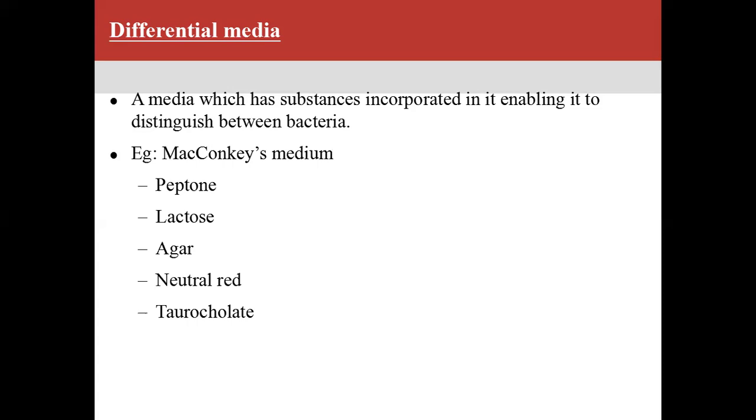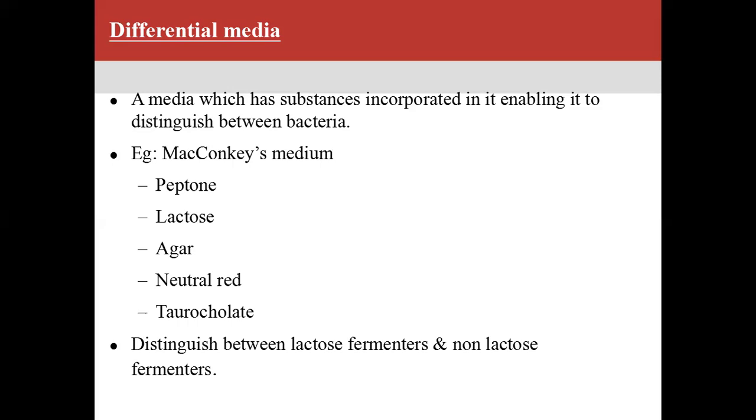Again, the example is MacConkey's medium. MacConkey's medium consists of peptone, lactose, agar, neutral red, and taurocholate. Neutral red acts as an indicator, so it comes under indicator media as well as differential media. It distinguishes between lactose fermenters and non-lactose fermenters. Lactose fermenters produce pink color colonies and non-lactose fermenters produce colorless or pale colonies.